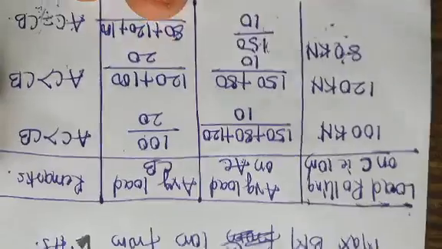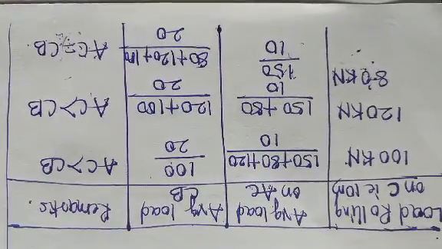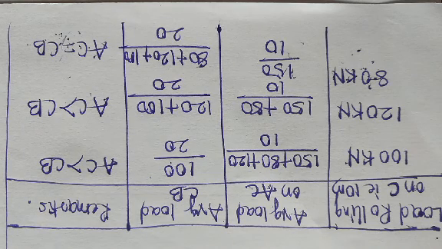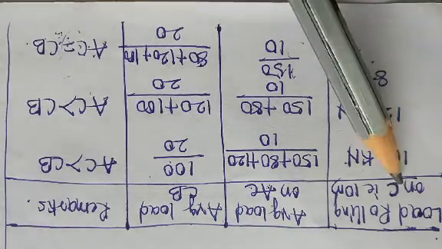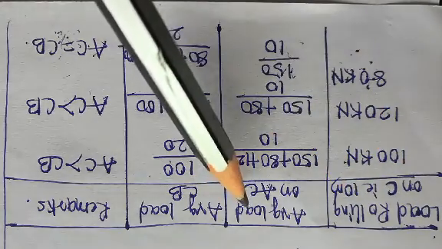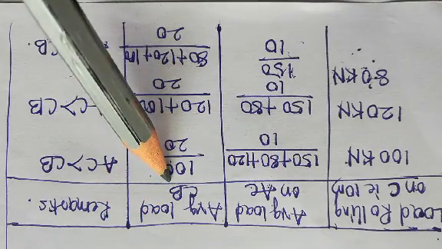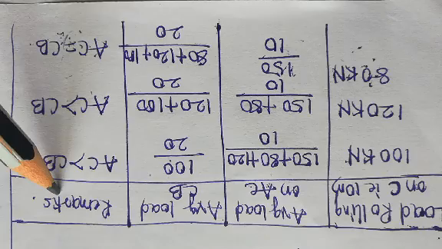Now this is the table that we follow for finding out at what load the heavier section changes to the lighter section, or you can say the average load is equalized. Here you have the load rolling on C, that is at 10 meters, the average load on AC section, the average load on the CB section, and the remarks.